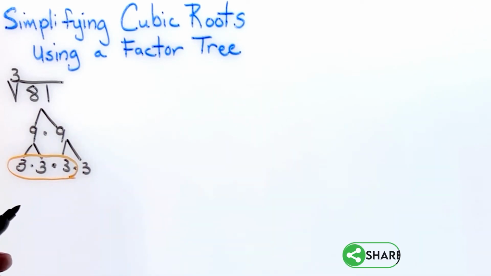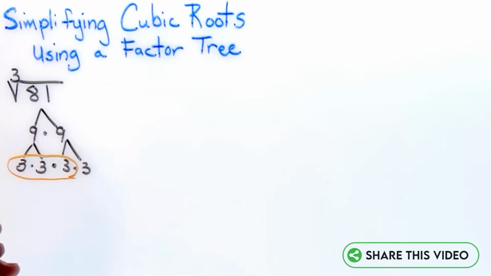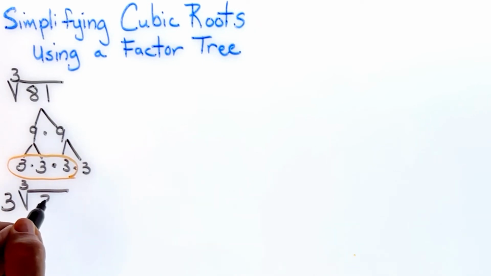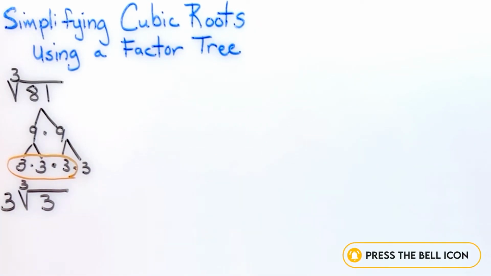And I can see that the cubic root of 81 is going to be 3 cubic root with the 1 3 still inside. So the cubic root of 81 is 3 cubic root of 3.